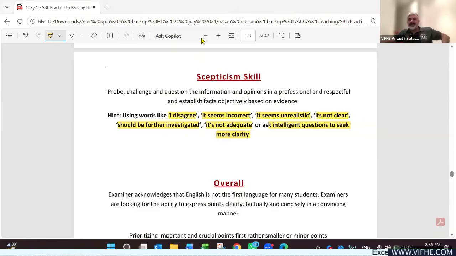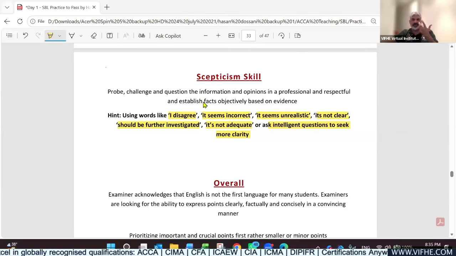Now, a couple of things I want to point out. First of all, when you are showing skepticism, you should not use foul language. You should be respectful and professional.